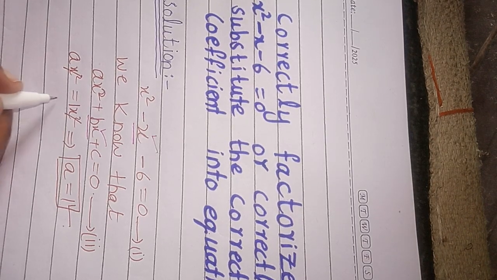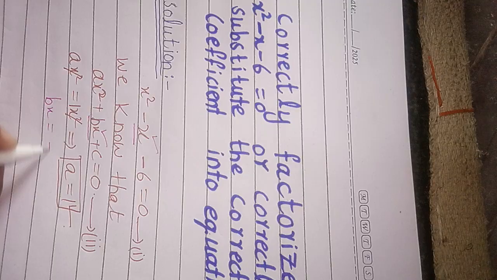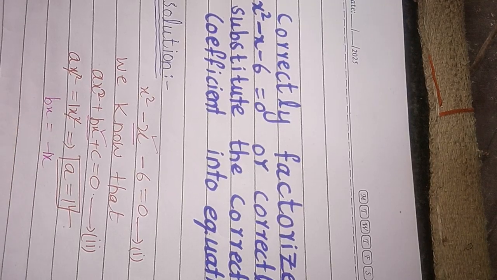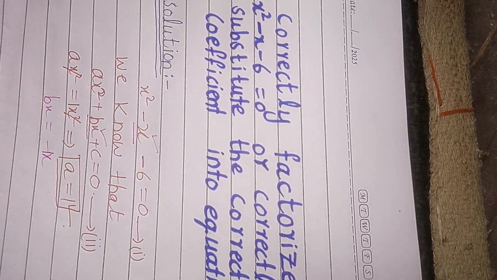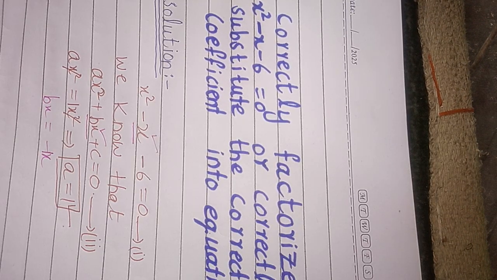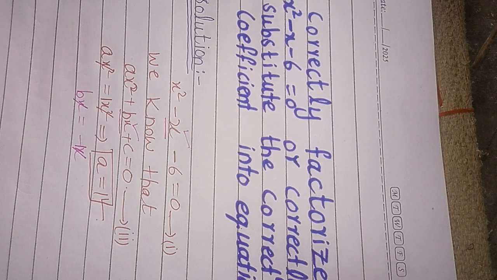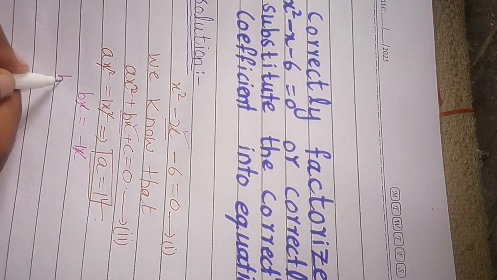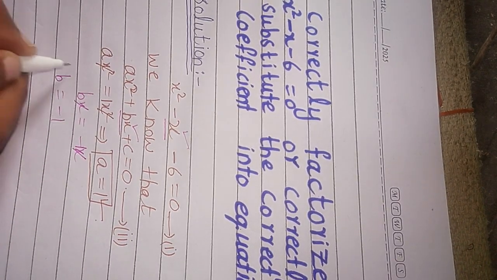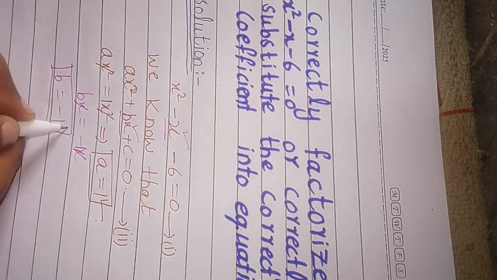So we can write bx equal to minus 1x, because when we don't have any coefficient we have 1, and with a minus sign we have coefficient minus 1. So this is cut with this because they are the same, and b equal to minus 1.